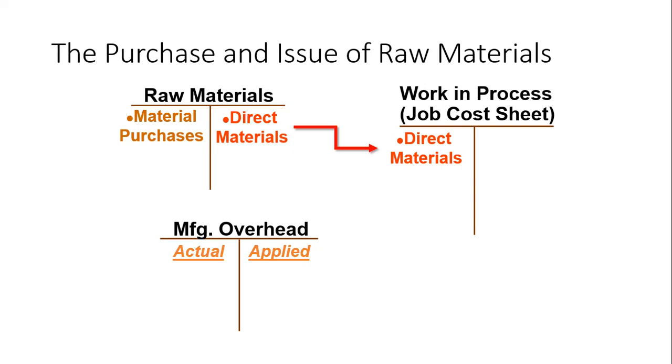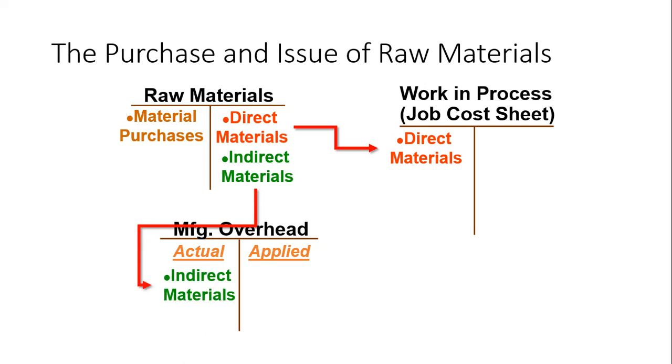Okay, and you need to remember all the direct material, direct labor, and manufacturing overhead applied, we transfer to work in process, because this is where we start the continuing process. So we do not record it as direct material in the journal, but we record the amount of the direct material as work in process, right?